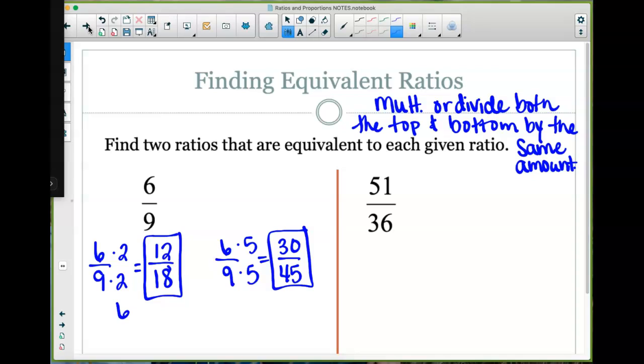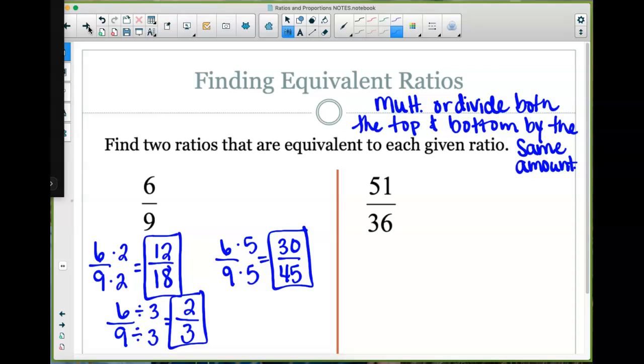So we could take 6 over 9 and we could divide both the top and the bottom by 3 in this case. So that'd be 2 over 3. Okay, so you can multiply or divide. Now, if you divide, it has to come out to nice numbers. There can't be decimals. We want nice whole numbers. Okay. Questions there?